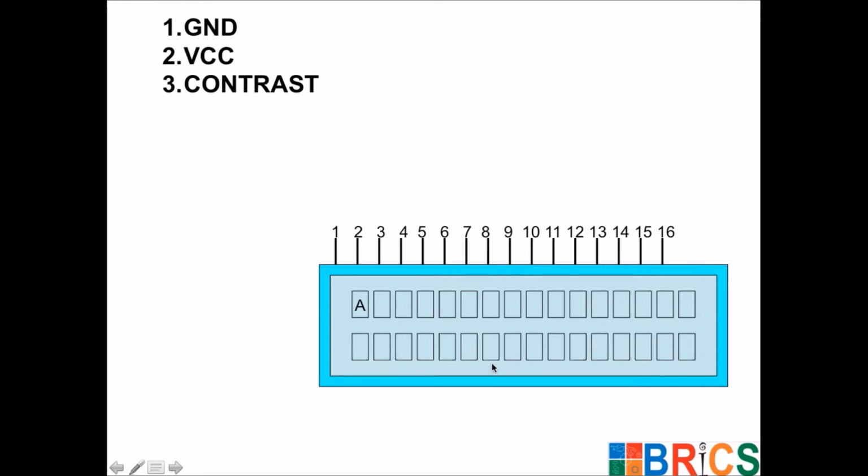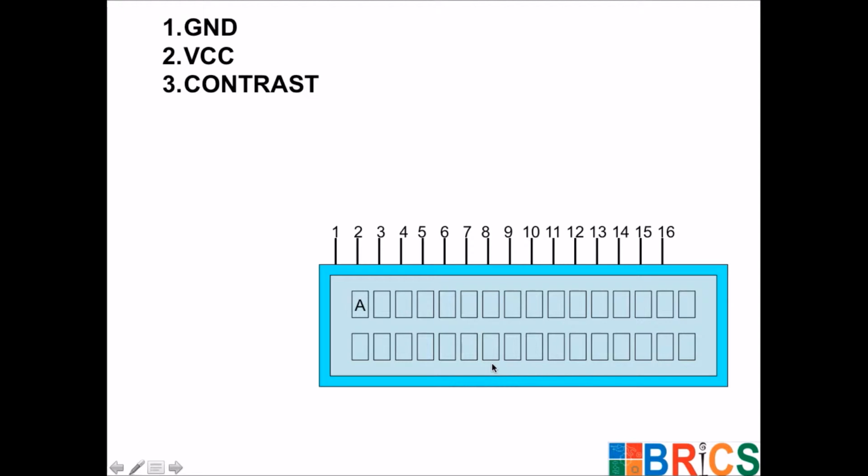As you start increasing the voltage, the contrast will go down. Near about 1.5 volt, you will find that the contrast of the display will go to 0, so nothing will be visible. So just by varying the voltage between 0 volt and 1.5 volt, you can control the contrast of this display.